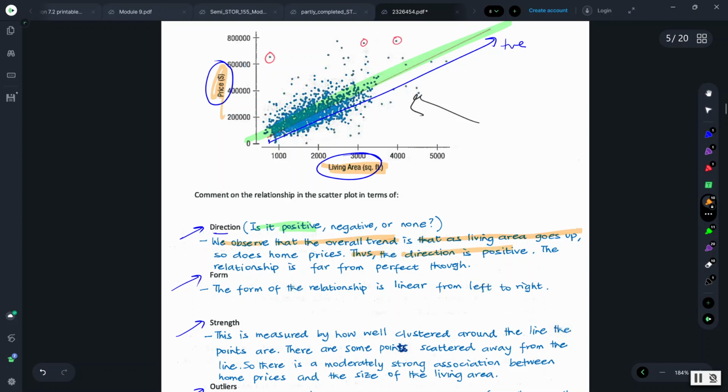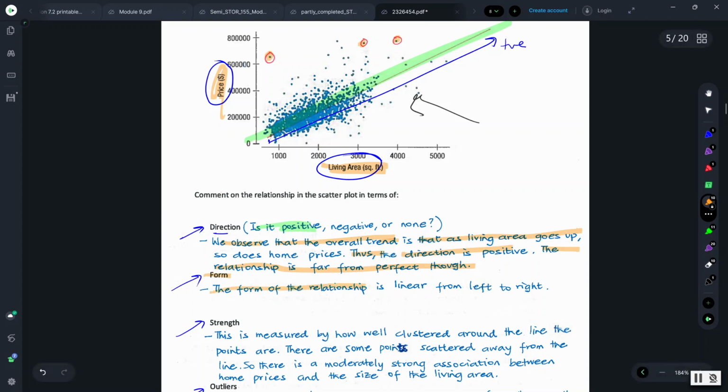Thus, the direction is positive. We note that there are some outliers, maybe potential outliers or influential values. So we can say that the relationship is definitely far from perfect because not all points lie on a single straight line.